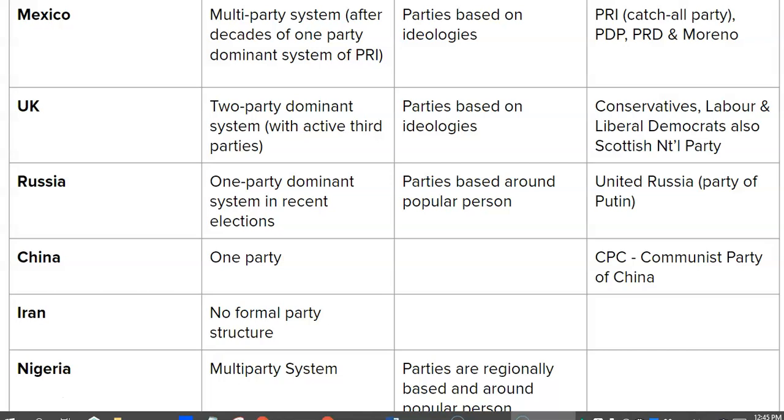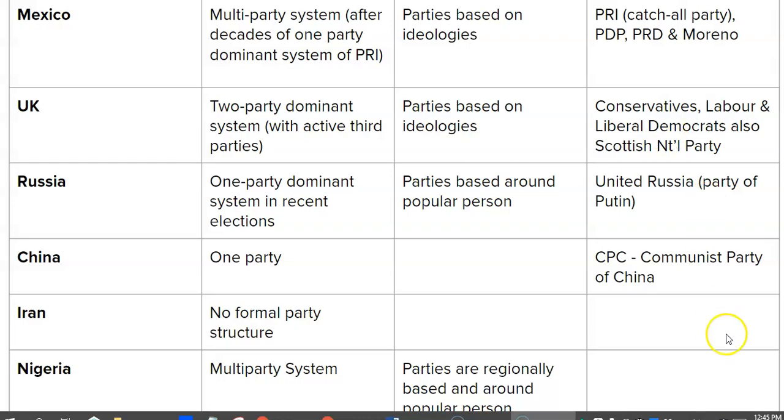Morena is the party of the current president, AMLO, and we're going to talk a little bit about them in the question at the end. The UK has the Conservatives and the Labour Party, Liberal Democrats, Scottish National Party, and some others.